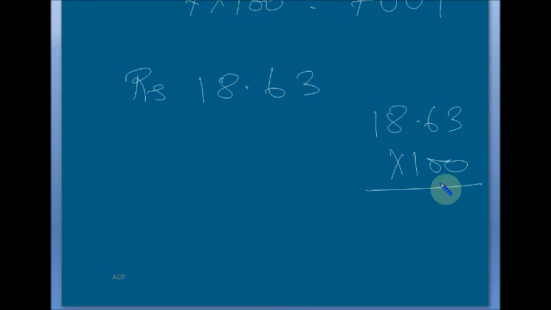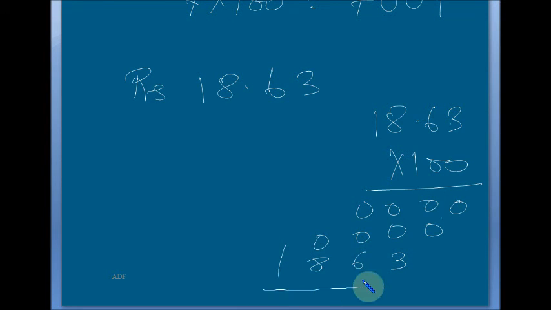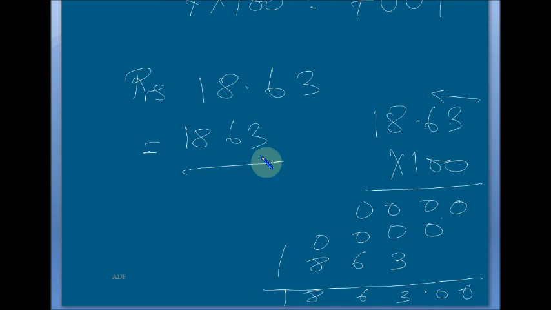Just as you do in the conventional method, multiply digit by digit and add. From the right, the decimal is placed after 2 digits. So it becomes 1863, and this is your answer.